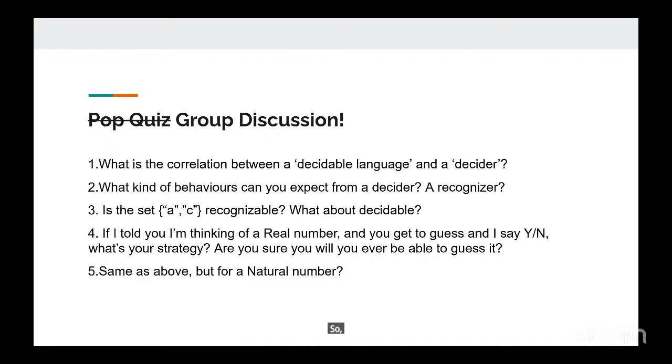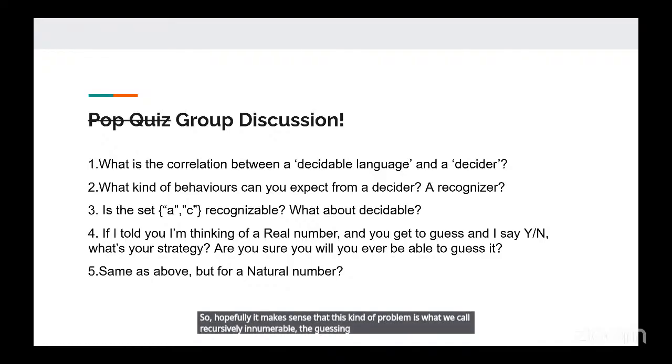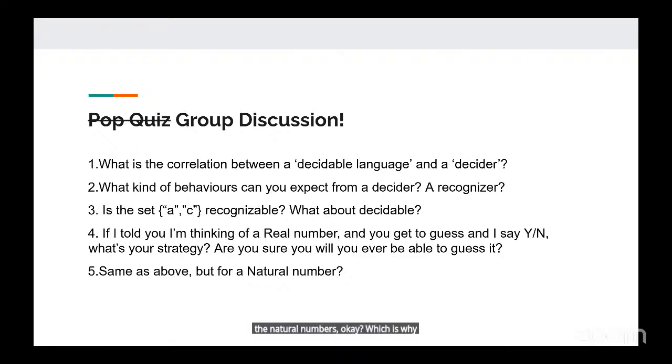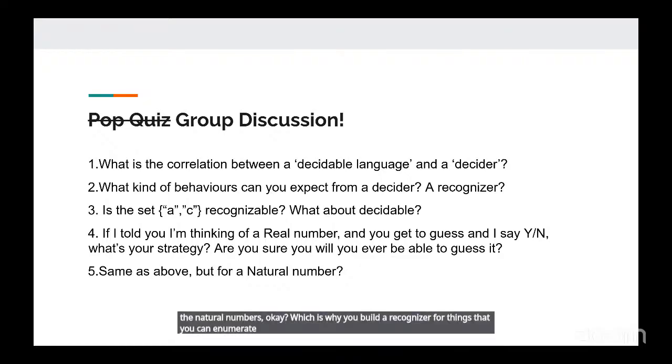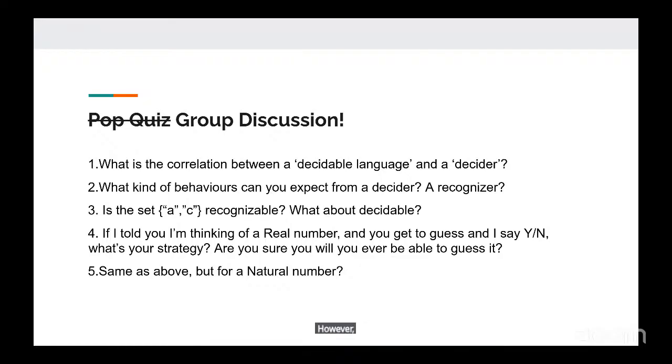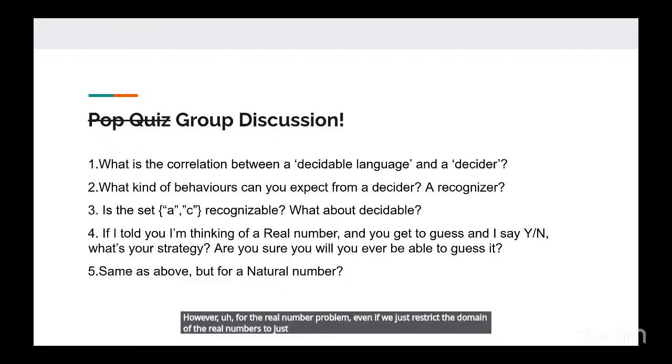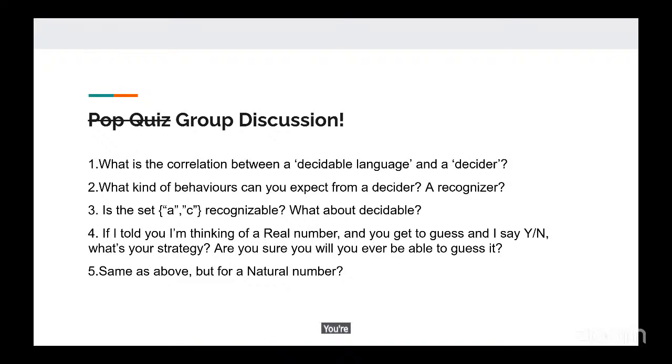So hopefully it makes sense that this kind of problem is what we call recursively enumerable, by guessing the natural numbers, okay? Which is why you can build a recognizer for things that you can enumerate through. However, for the real number problem, even if we restrict the domain to just between 0 and 1, you're still never sure you're going to be able to guess my number, right? Because you can always keep halving.